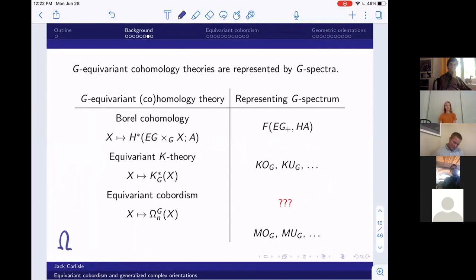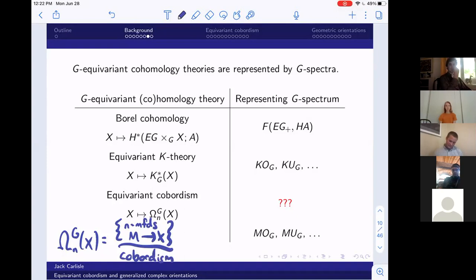We can assign to any G space X the set of all n-dimensional manifolds equipped with a G action mapping to X modulo cobordism. And so we can construct this. This defines a Z-graded homology theory, but it doesn't in fact define an ROG-graded homology theory.